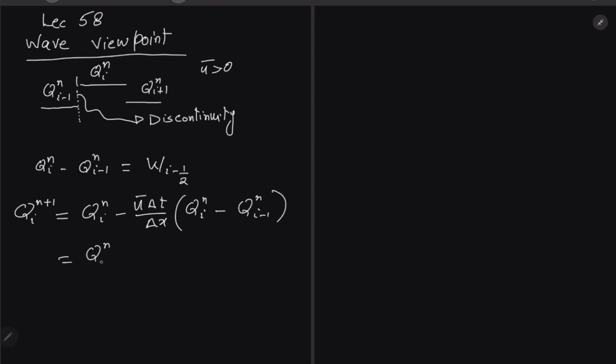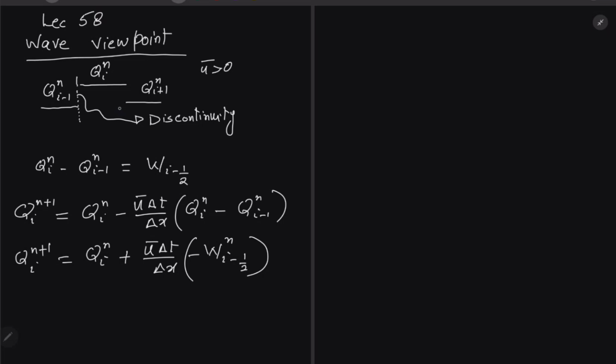This can simply be written as plus u bar delta t by delta x, and this quantity becomes minus W_{i-1/2}^n. That's the numerical method for the advection equation from the wave point of view. The wave is your discontinuity. It says that the fraction of the quantity that enters from left to right makes a change in the cell i.